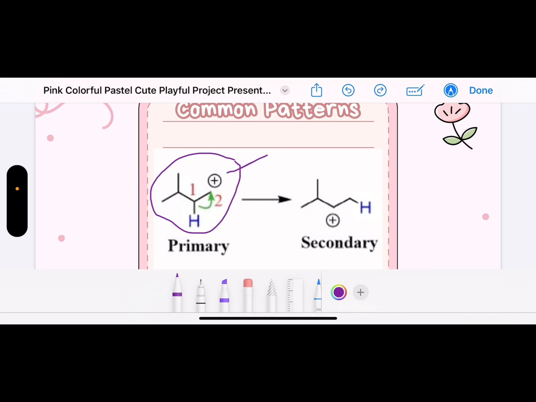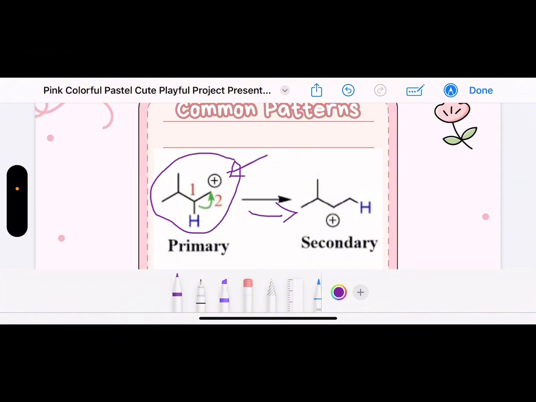Carbocation na siya ng plus kini. Yeah. And then na-shift na mahitabo para ma-stabilize ang charge. So, manani ang product na to.